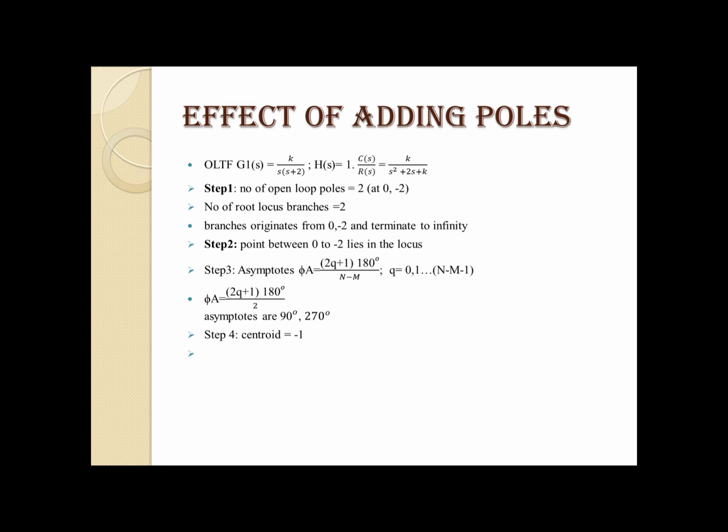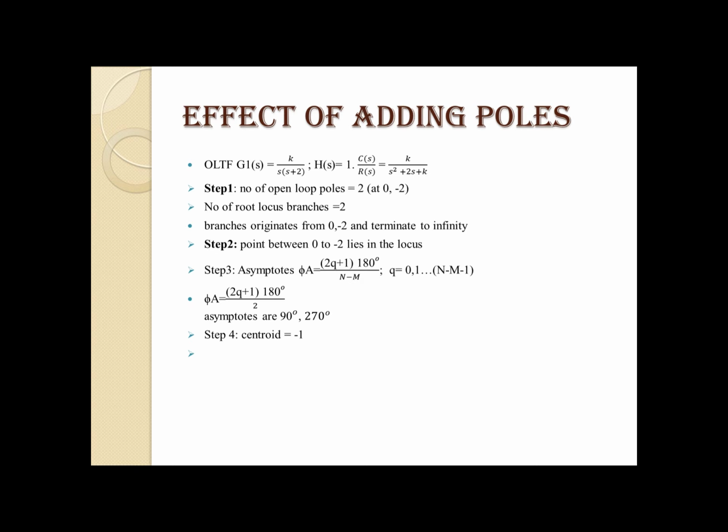First we need to find out the root locus of the given system, and the closed loop transfer function can be calculated by using the formula G(s) by 1 plus G(s)H(s), and it becomes K by s square plus 2s plus K. So from this open loop transfer function, we can say there are two poles, which are located at 0 and minus 2.